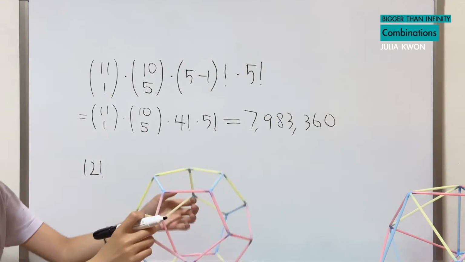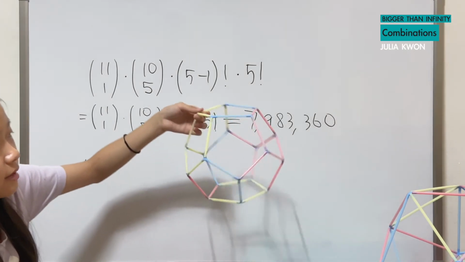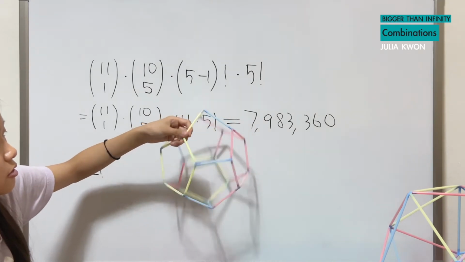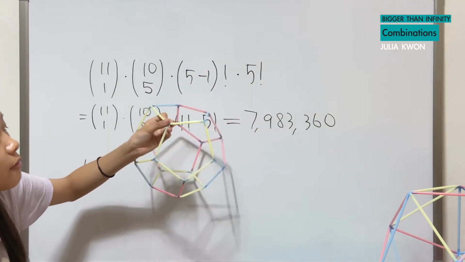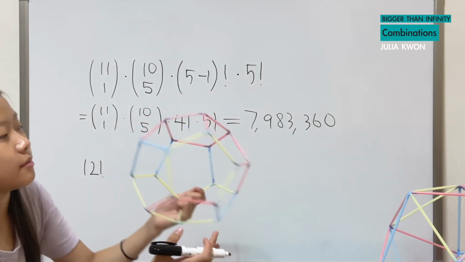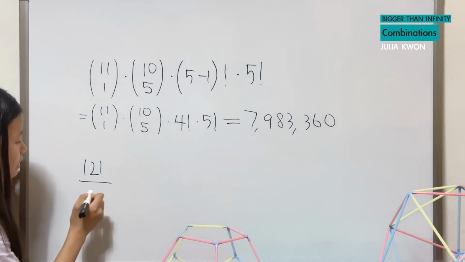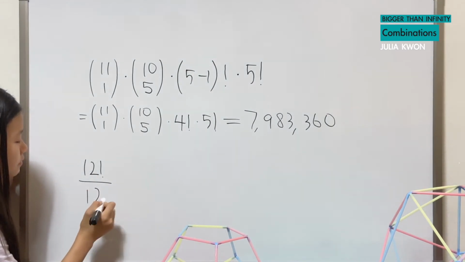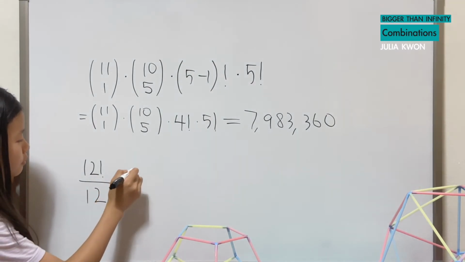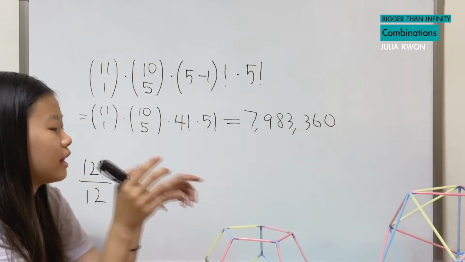But since we have 4 faces and it looks exactly the same whether you look at it from this angle, from this face or this face or this face, it does not matter. They all look the same, so we divide it by 12, and then we divide that by 5.